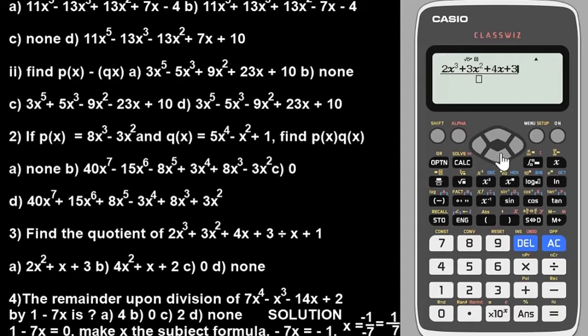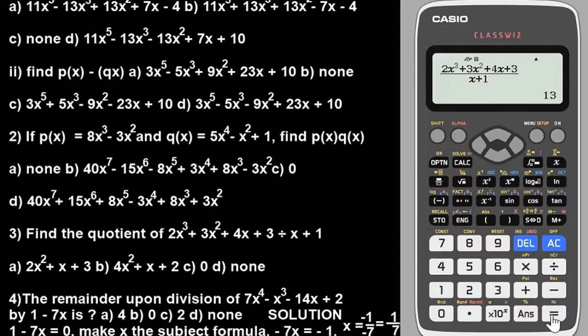So divide by x alpha x plus 1. Okay, so let's press equals and see what we're going to have now. We have 13, guys. We have 13.